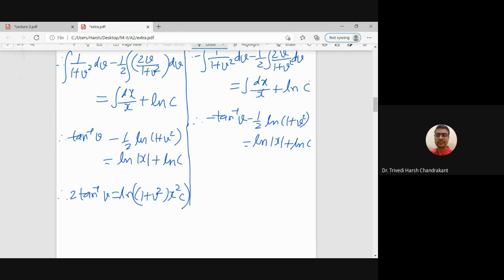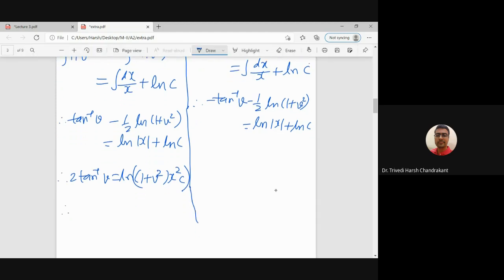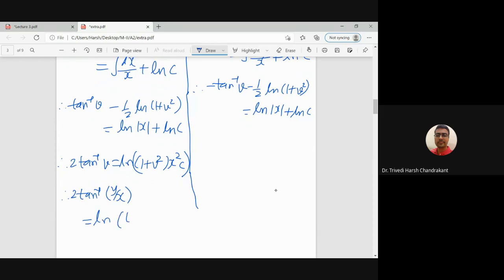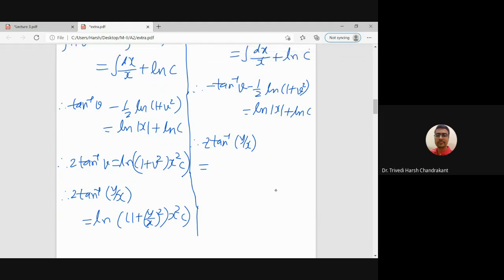So finally, we can substitute v is y by x. So the solution is tan inverse y by x equals log of 1 plus y by x square into x square times c, and on the right side it will be minus tan inverse y by x, so that we can multiply by 2, and that is log of 1 plus y by x square times x square into c.